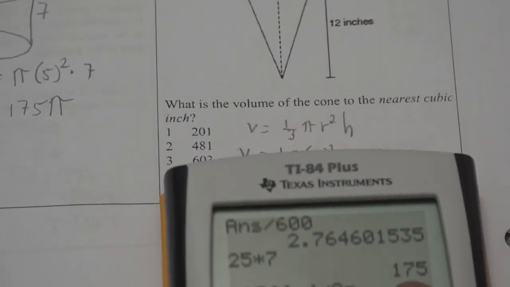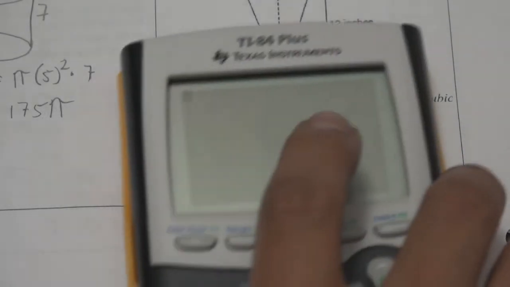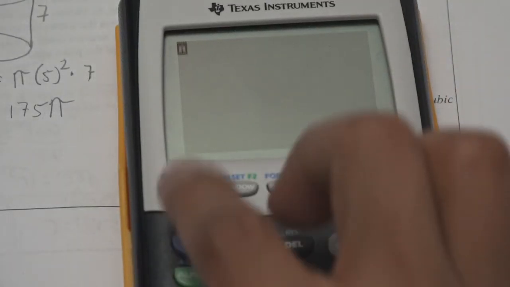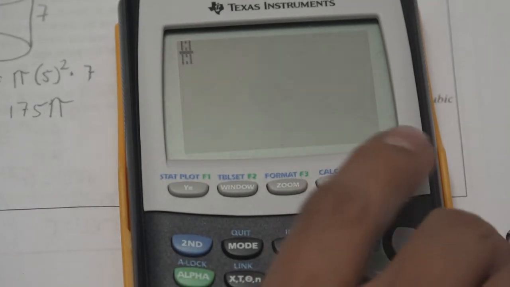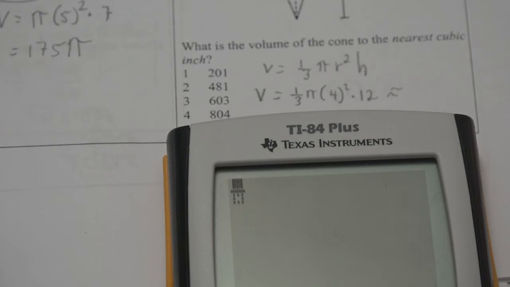Clear. To put fractions on the calculator, you press alpha, y equals, and you press enter. That gives you a fraction. So it is 1/3 times pi times the radius, which is 4 squared, times the height, which is 12.